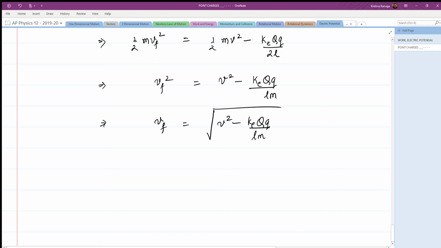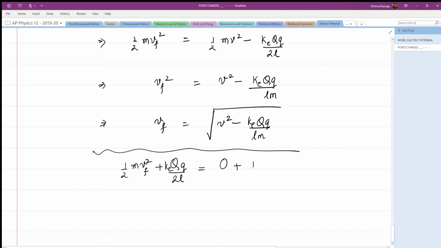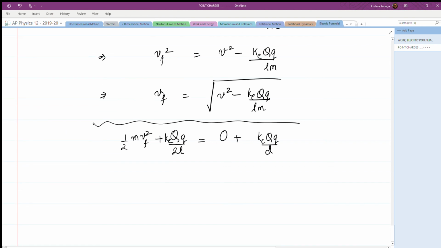In order to do that, we'll go back to our original equation for energy conservation, and we'll rewrite this as 1/2 mv squared plus kQq over 2L, and then this would be equal to 0 for the kinetic energy plus kQq over some D.